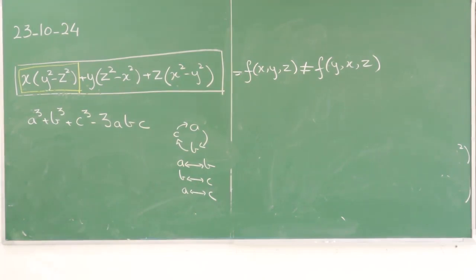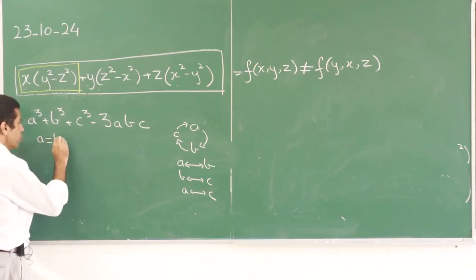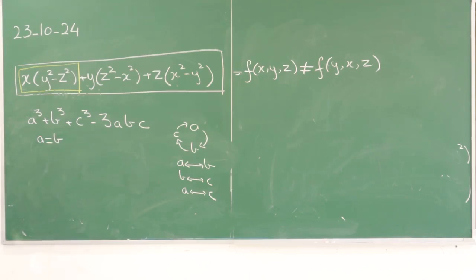Now also you know something. If you set a equal to b, does this polynomial go to 0? No, it does not go to 0. So that means a minus b is not a factor. Okay?